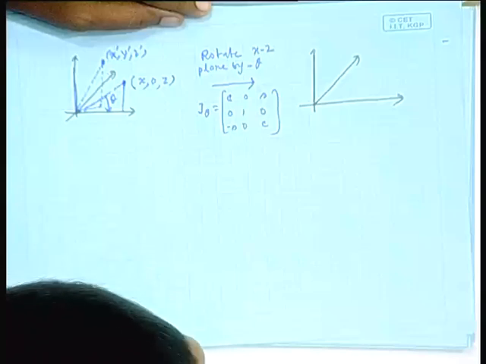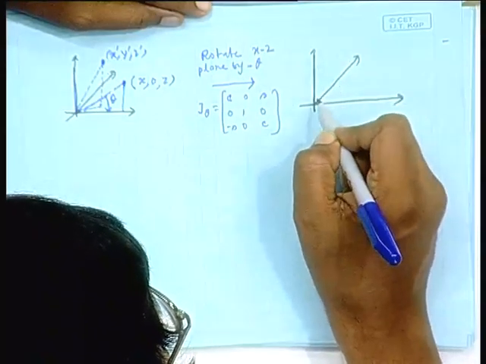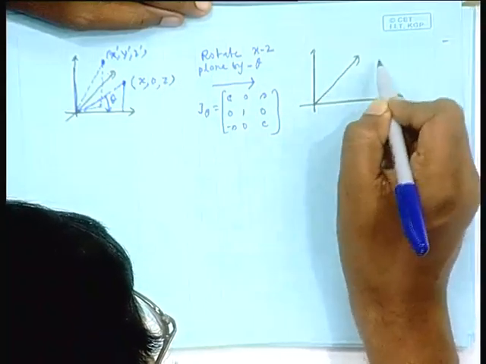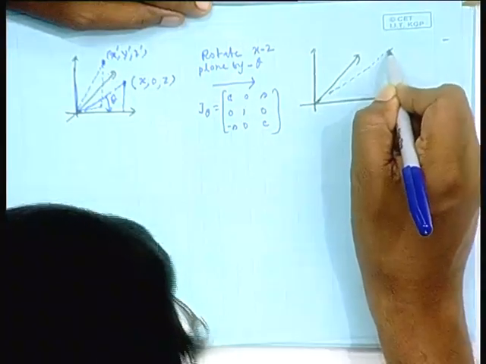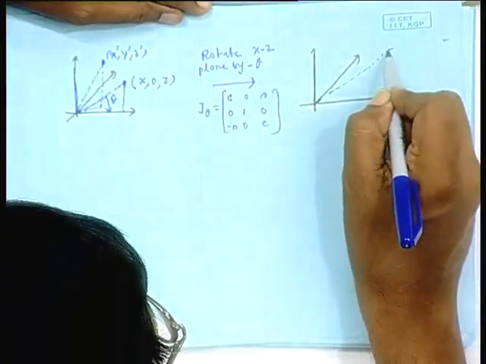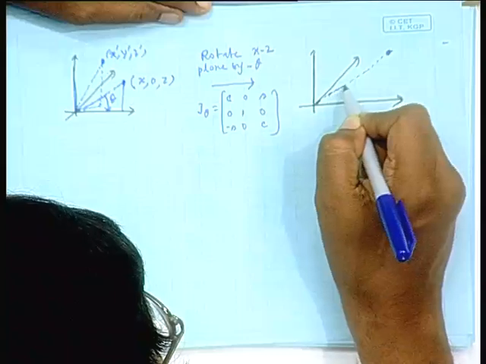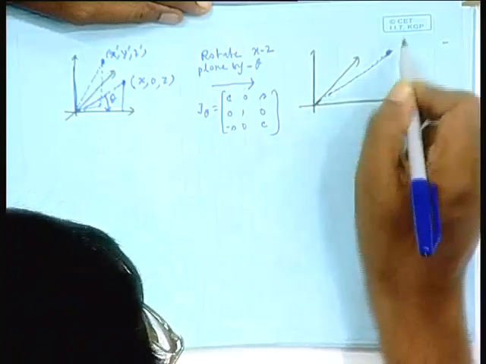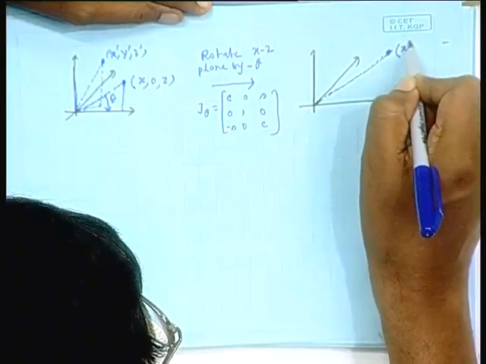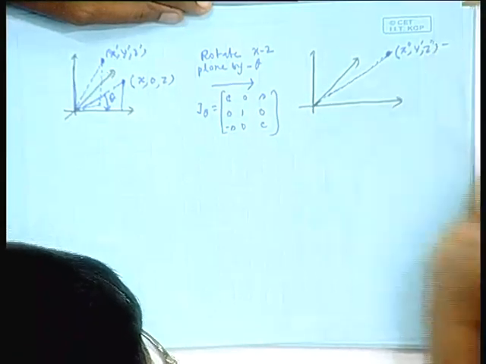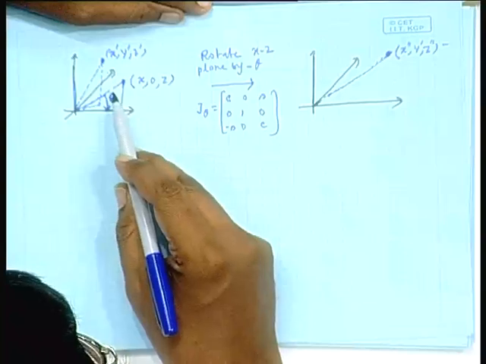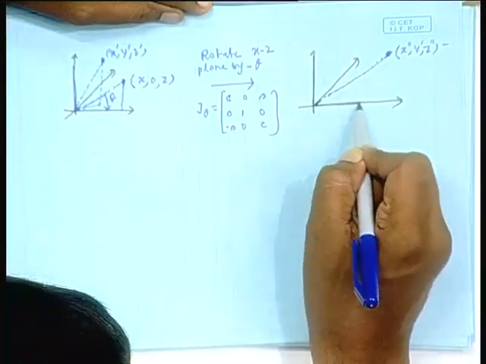So, it will be in general somewhere. Say here, I am not sure whether it will be here or in some other place. Length also by mistake I am making much longer than this. Do not get into those things. Okay. This is that vector. What is important is what I write here, x double prime, y prime. I maintain the same y prime, z double prime. Okay. And this guy will be here, somewhere here.